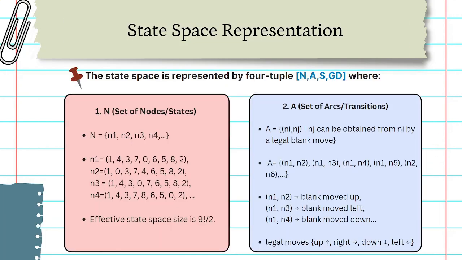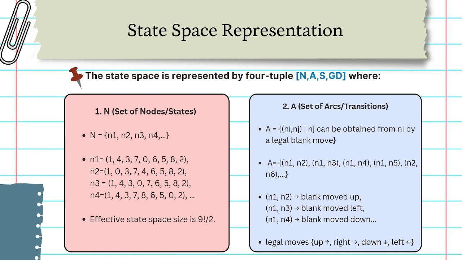The puzzle can be formally represented using a 4-tuple N, A, S, GD. N is a set of all states or nodes. Each state is a 9-digit tuple representing the puzzle configuration. For example, N1 is 1, 4, 3, 7, 0, where 0 represents the blank space, 6, 5, 8, 2.